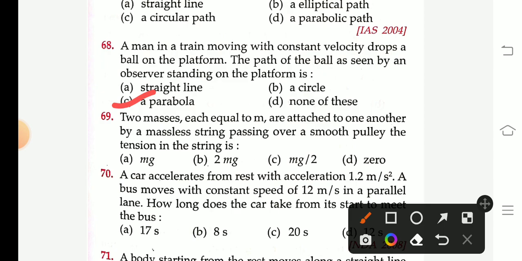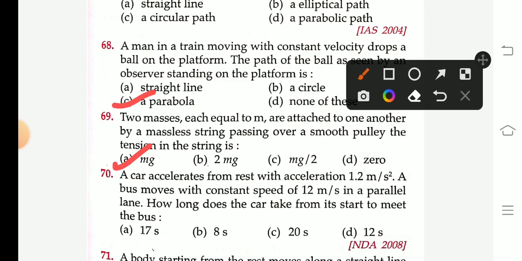Two masses each equal to m are attached to one another by a massless string passing over a smooth pulley. The tension in the string is mg.